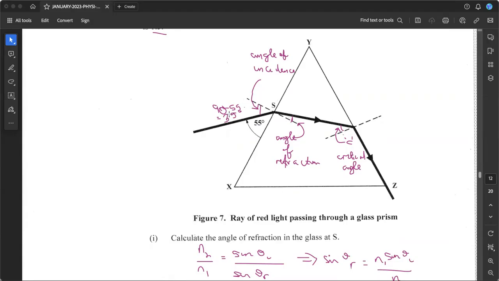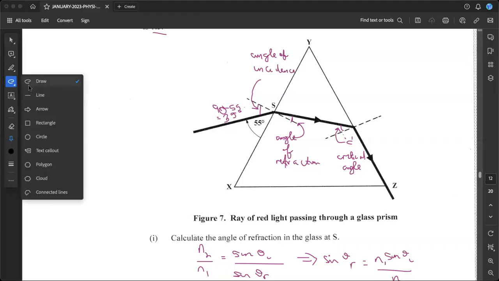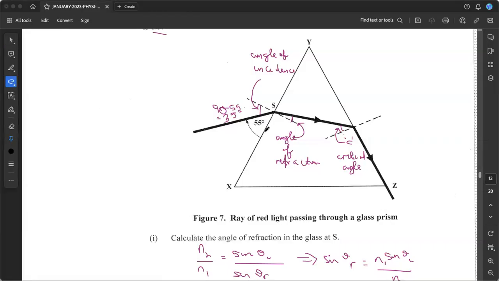This is our angle of refraction. And if we come back over here, this is our incident ray, and this is our normal. The angle of incidence is the angle between the incident ray and the normal, so this is our angle of incidence here. We can calculate that because this whole thing is supposed to be 90.